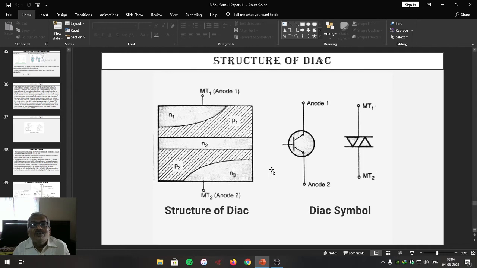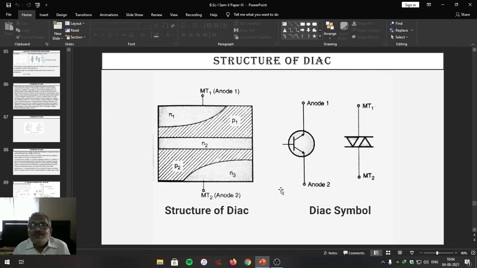The circuit symbol of the DIAC is represented here. It includes one SCR and this is another SCR. Respective terminals are MT1 and MT2. This symbol is analogous to the transistor symbol without the third terminal, having arrows on both the terminals, named as MT1 and MT2.